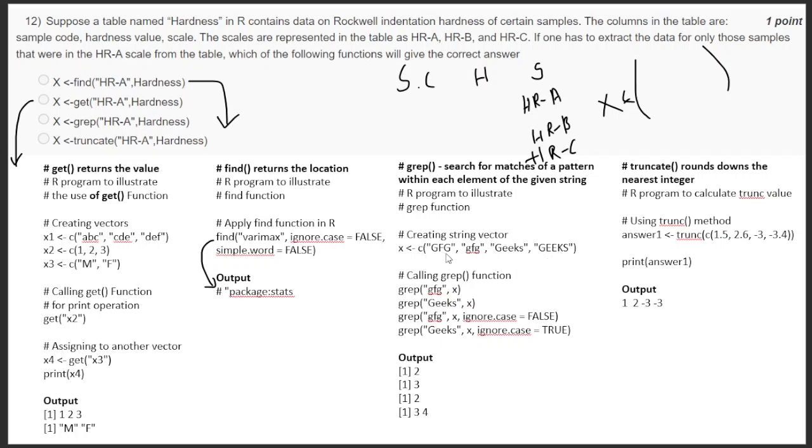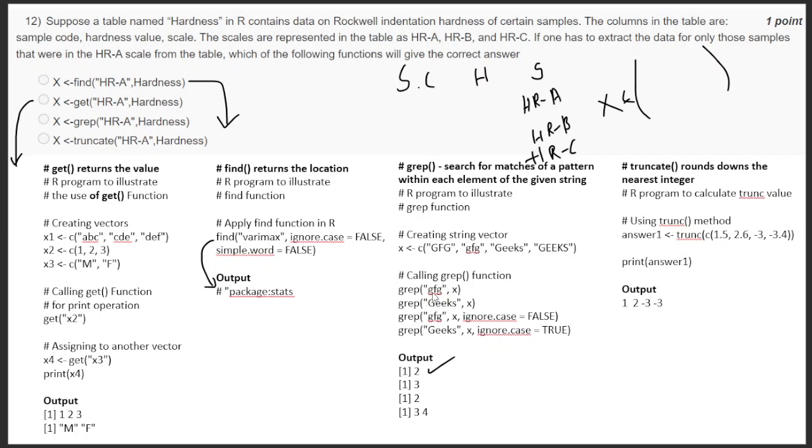We have these four data in the given x. So we are using the grep function, gfg comma x. Whatever matches gfg will be returned. For example, gfg is matching with the second data, so it will return the value 2.